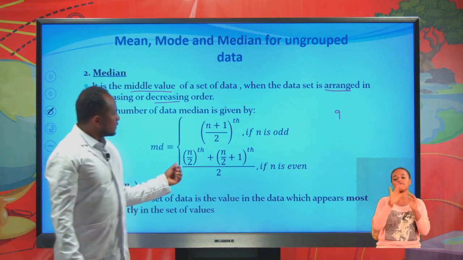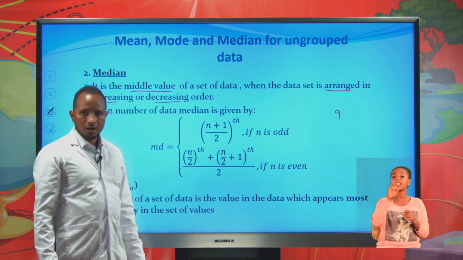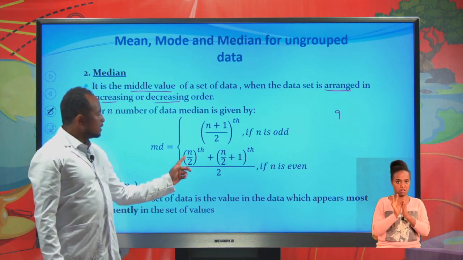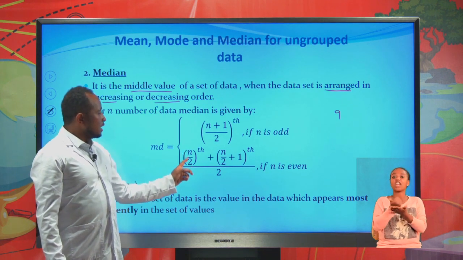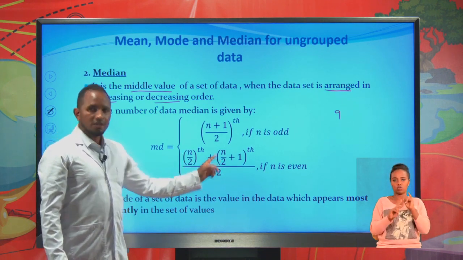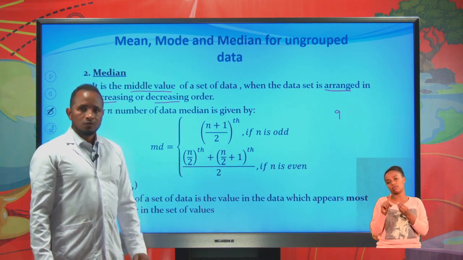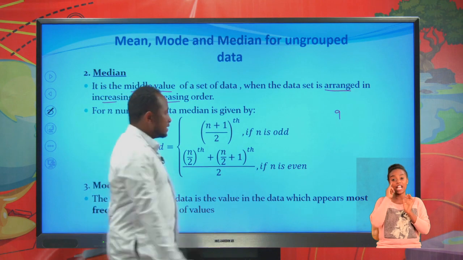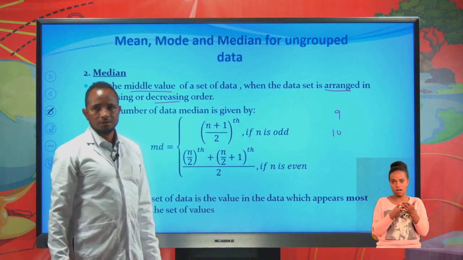Okay, if we have an even number of data, in this case, the median is given by taking the average of the n over 2's item and the next item, the n over 2 plus 1's item. So for example, if we have 10 data set, it's even.